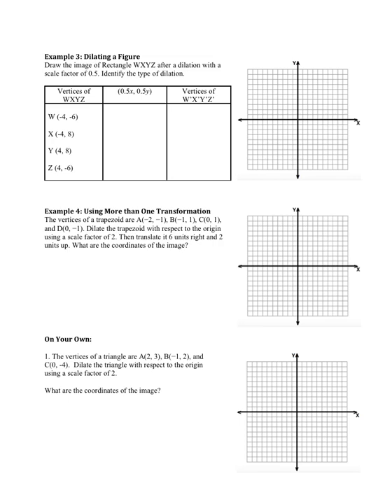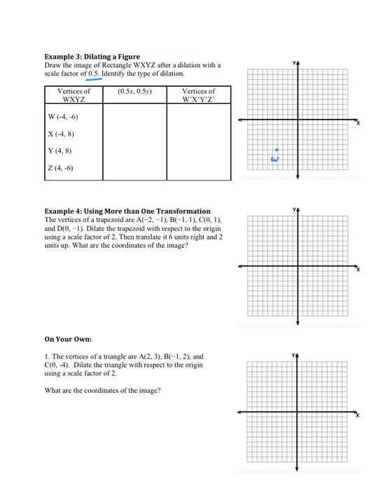Okay, in our next example, we are going to dilate a figure, and this time we're going to use a scale factor of 0.5. So we see that that's less than 1. That means our dilation will be a reduction. So let's go ahead and map W, X, Y, and Z onto our coordinate plane. So we have -4, -6.